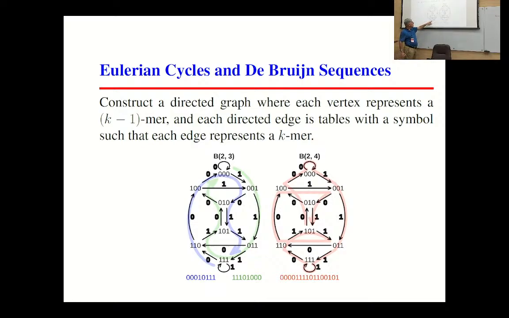Notice you can go from a 1, 1, 1 to a 1, 1, 0 by sliding it over, taking off the first character, and adding a 0. You could make a 1, 1, 0 into a 1, 0, 1 by sliding it over and adding a 1. So I claim we have a directed graph here where every vertex is our pattern of length k, and the edges are labeled like this.